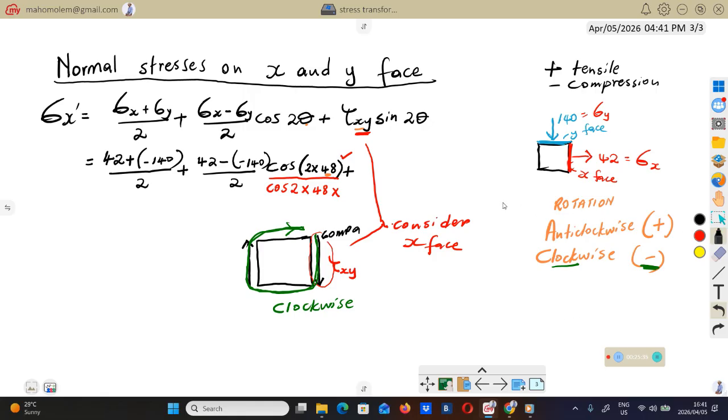So when we go back to substituting here, when we continue here, we're going to have plus shear stress on the x-face in vertical direction, which is going to be negative 60 sine 2 times 48.